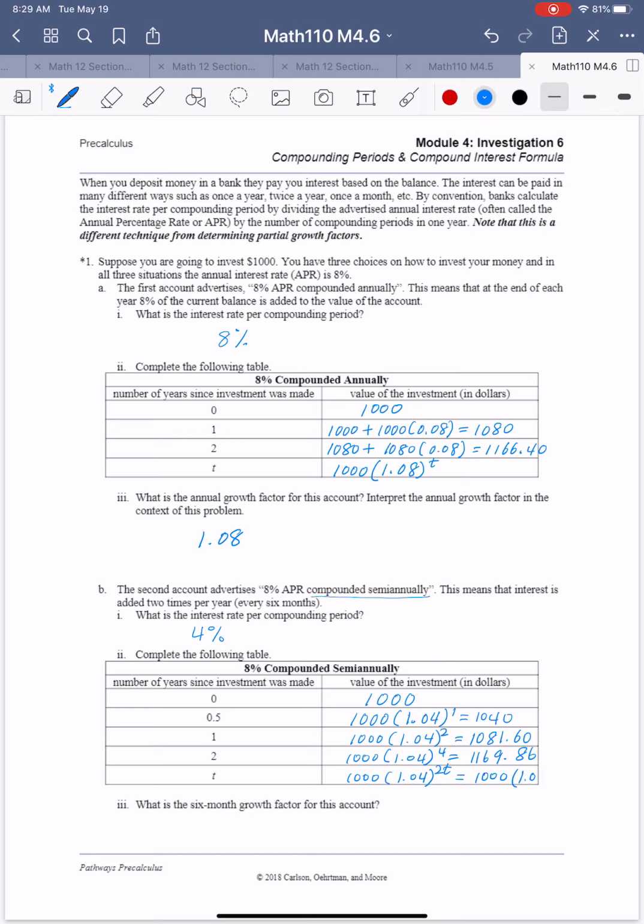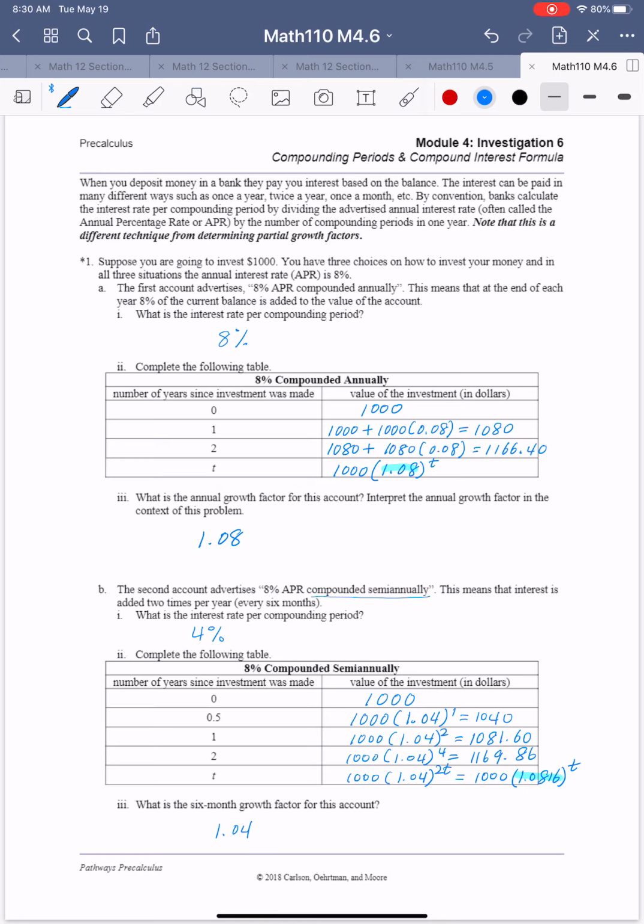It looks a little higher than the annual rate, so you'll be making more money with this account. So what is the 6-month growth factor? Yes, 1.04.